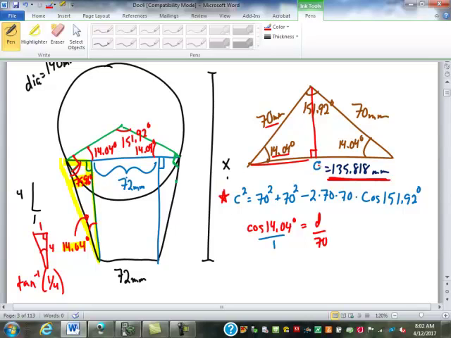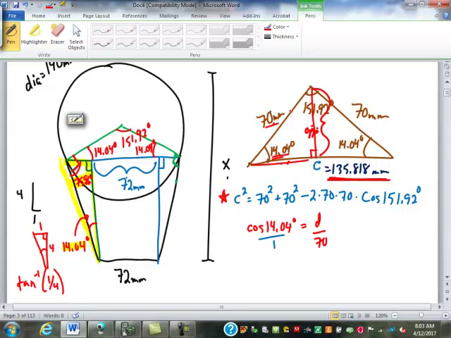Why do we want this information? Well, we want this information because we're going to do some dividing up here. I'm going to find the height of this right here, this dimension, off of this triangle on this side over here. According to the 14.04, that would be the opposite side.